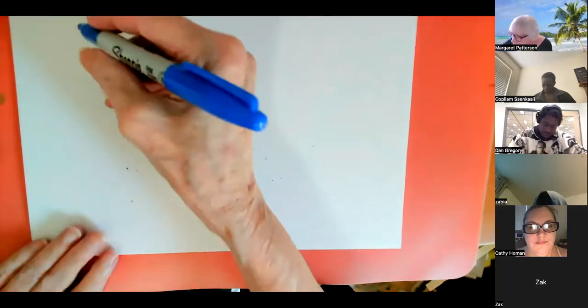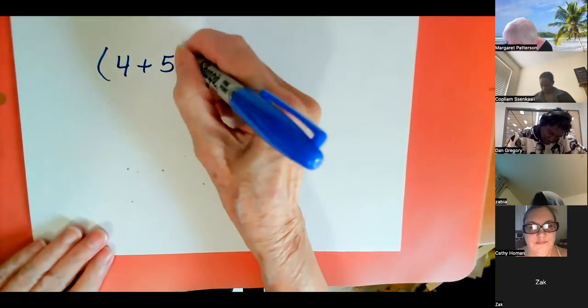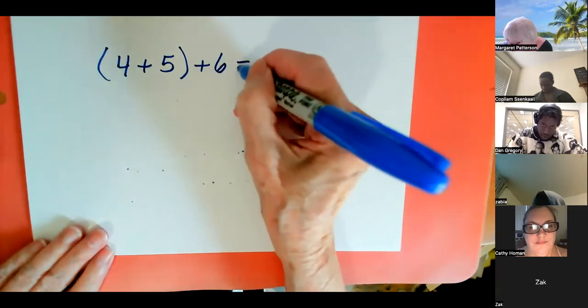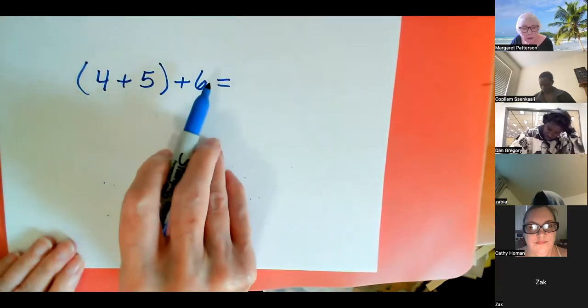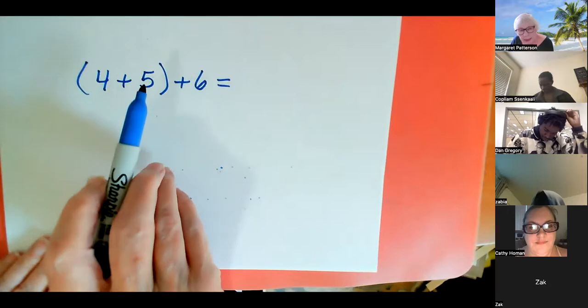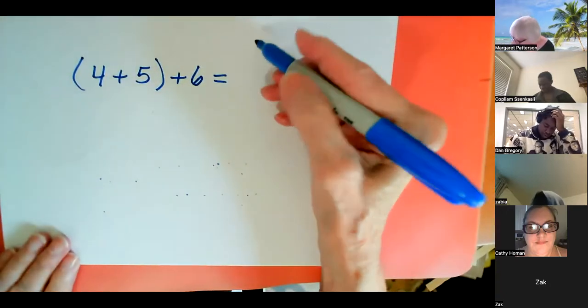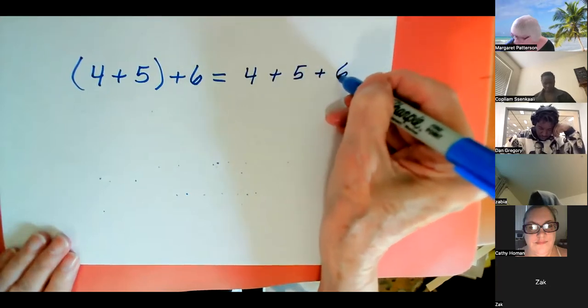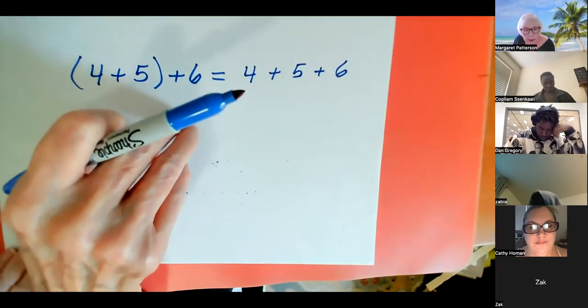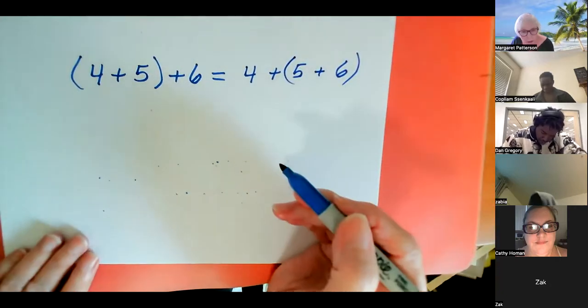Okay, so the next question was the associative property. When they ask you for the associative property, this is for addition. They want to keep the same order, 4 plus 5 plus 6. What they want to do is move the parentheses, which is telling you what you do first.